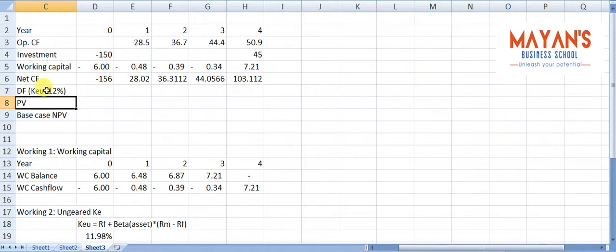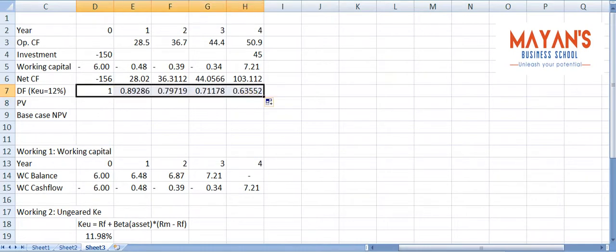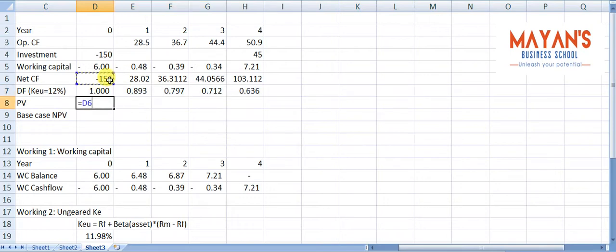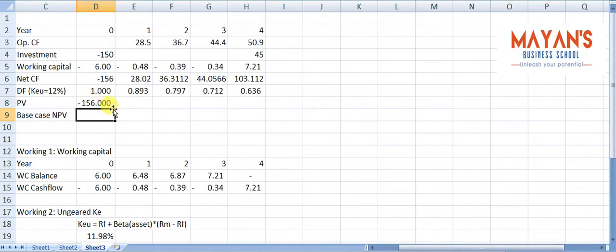Very simple. So here you take 1 divided by 1.12 raised to the power of year. So always year 0, whatever the discounting factor, it has to be 1, and then you get some numbers. Multiply cash flow and the discounting factor to get the present value.